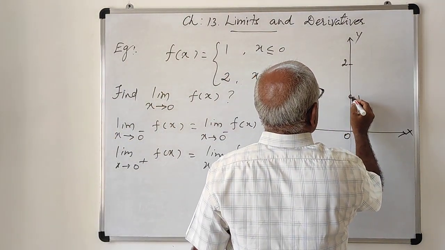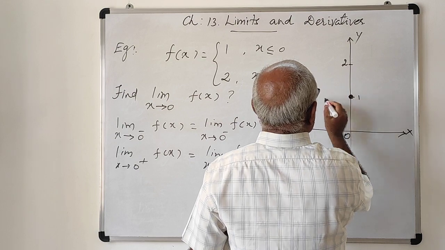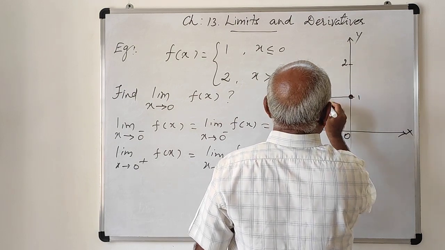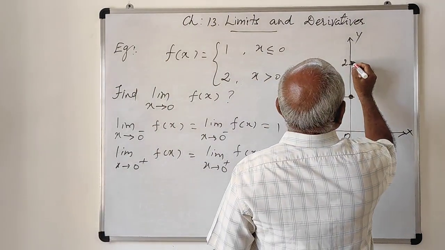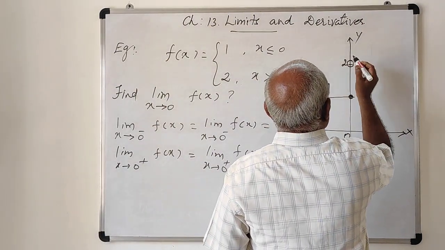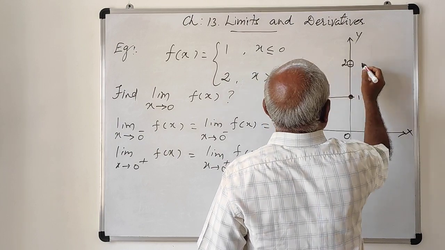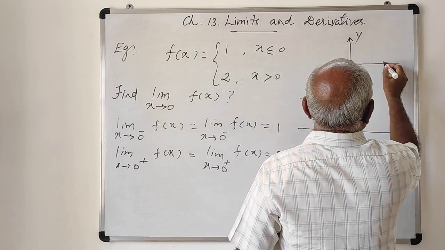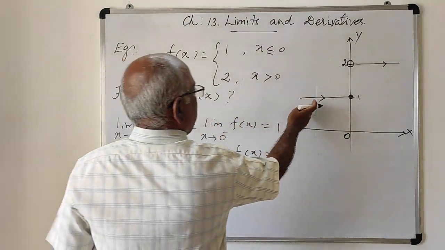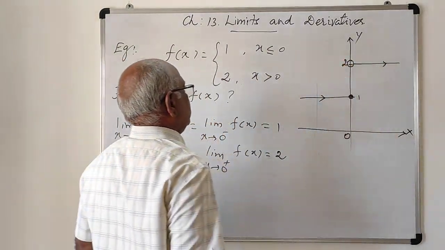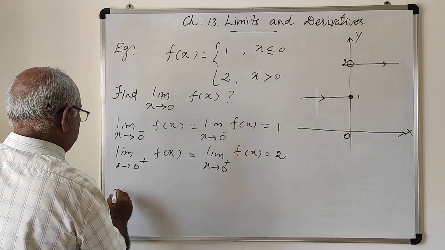The left limit is 1, included, and this is the value. The right limit is 2, excluded because it is greater than 0. They are not equal. Therefore, the left limit is not equal to the right limit, so this limit does not exist.